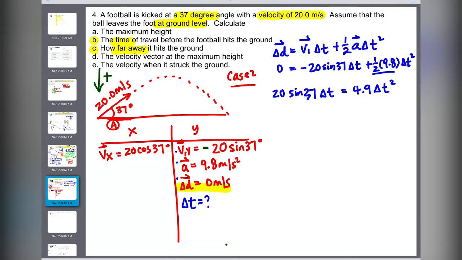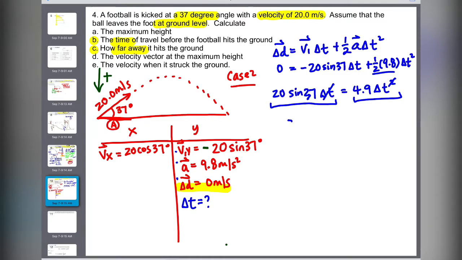When you have the same thing in every term, you remember the math language, this is a term and that's a term. I got 2 terms and they both have t in it. I can cancel it. Basically what canceling means is I'm dividing both sides by delta t. So t divided by t is gone, and t squared divided by t is just leaving you with one of the t's.